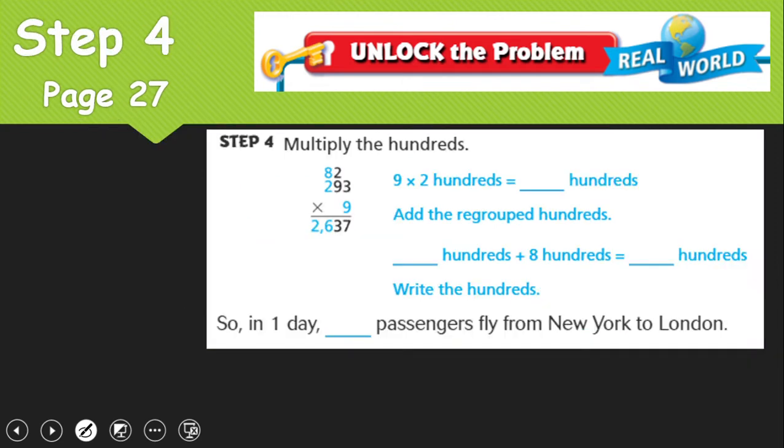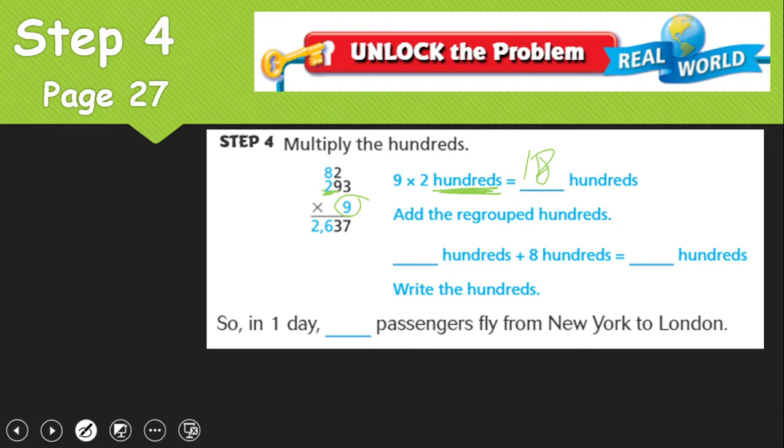Now we're on step 4. Now we have to multiply the last place value, which is the hundreds. So we have to multiply the 9 times 2, and 9 times 2 equals 18. And we're going to call it 1800s because the 2 is in the hundreds place value.